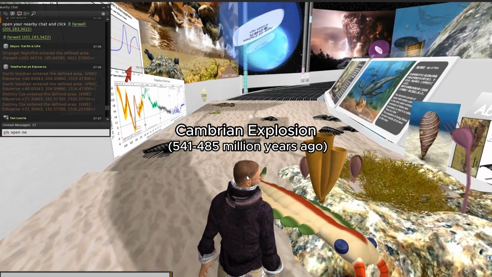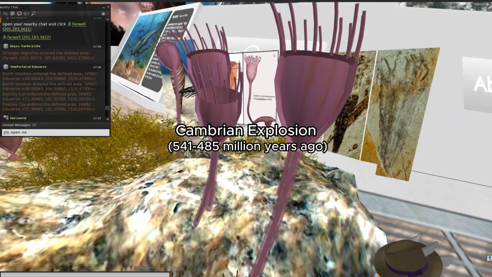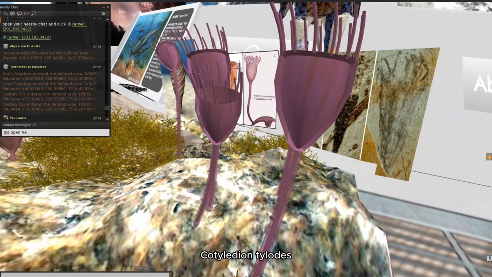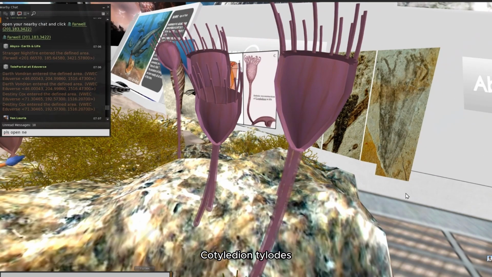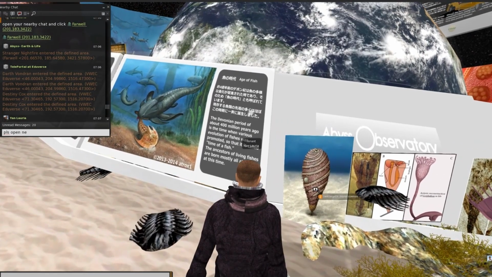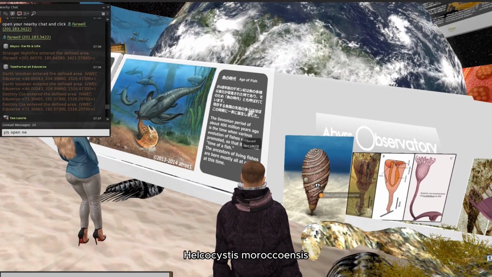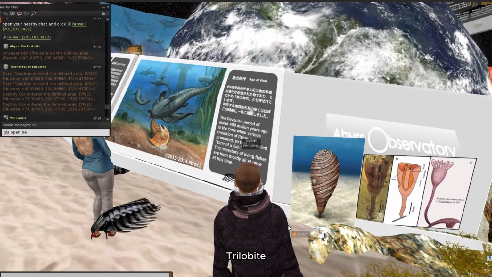The Almandocaris and Cotyledon Trades. And here Helicocystis, morocoensis and trilobite.